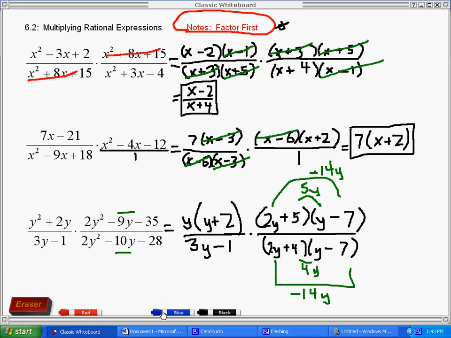So we can now look to go ahead and cancel our common factors. We have y minus 7 and y minus 7, and it's not looking like a whole lot else is going to cancel here. We don't really have anything else that I can see.